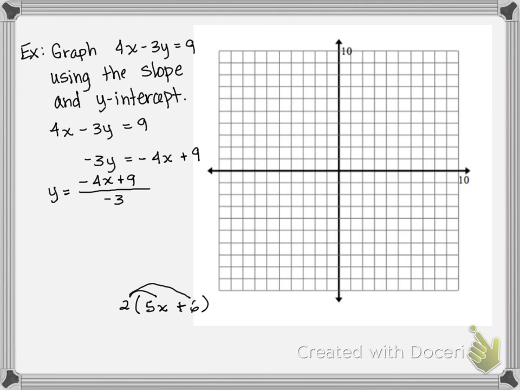Because dividing by negative 3 is really the same as multiplying by negative 1/3. And so I could distribute that if I did it as multiplication, right? So this is the same as y equals negative 4x over negative 3 plus 9 over negative 3.